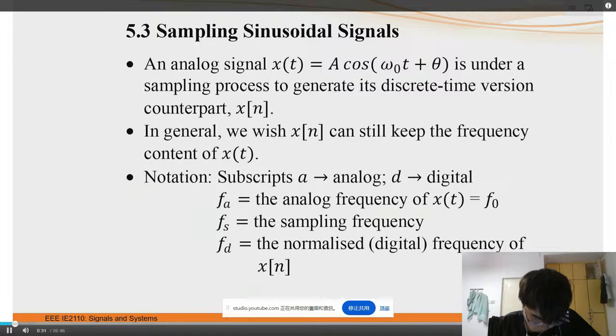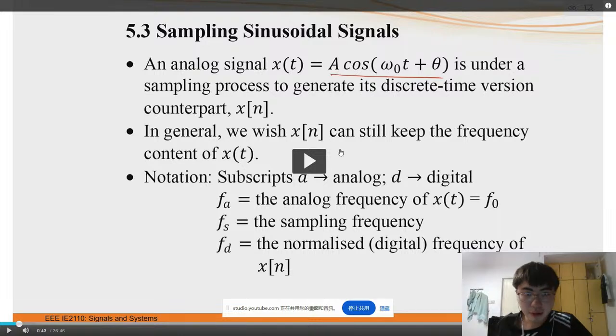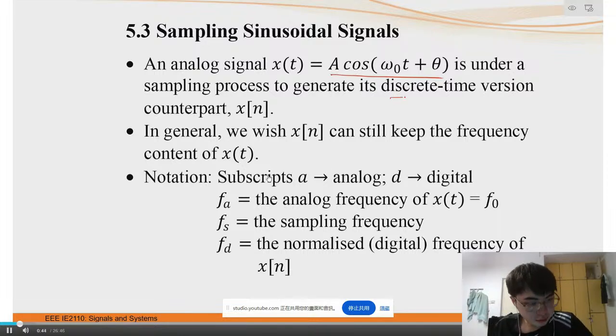So let us consider an analog signal, x(t), which is a sinusoid given as cosine of omega naught t plus the phase angle, which is undergoing a sampling process to generate its discrete time version, x[n].